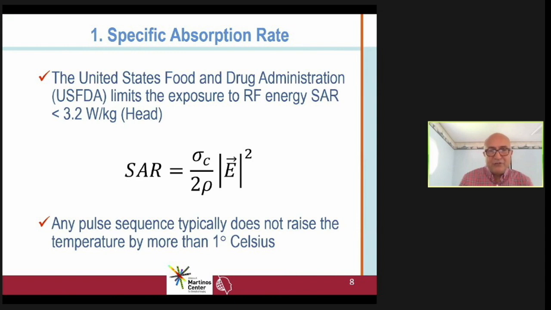So usually the standard is to reduce the overall SAR average of the entire head to less than 3.2 watts per kilogram. And this quantity is more or less equivalent to not raising the temperature of the head by more than about 1 Celsius, which is a natural thing that may occur as you expose your head, for instance, at the beach for 1 hour.